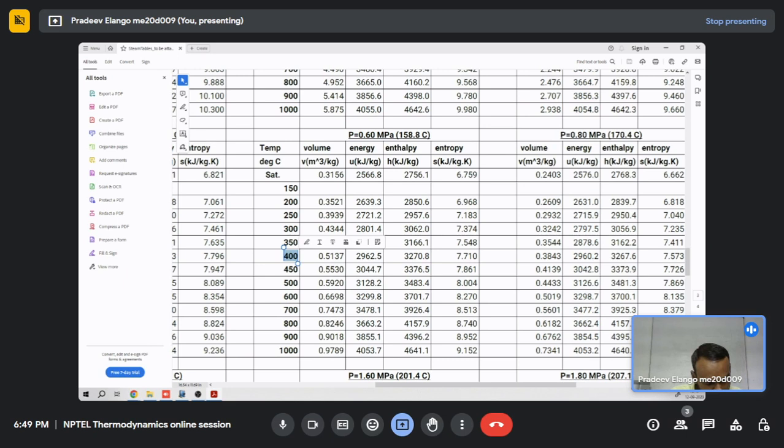At pressure 0.6 megapascal or 600 kilopascal, and at 400 degrees Celsius, we can see the enthalpy is 3270.8.